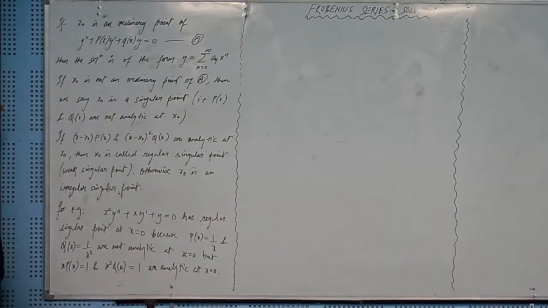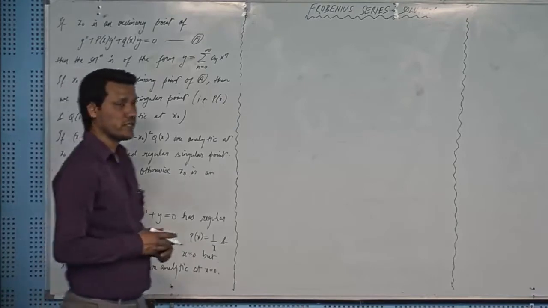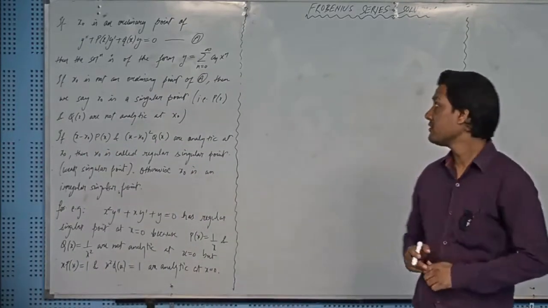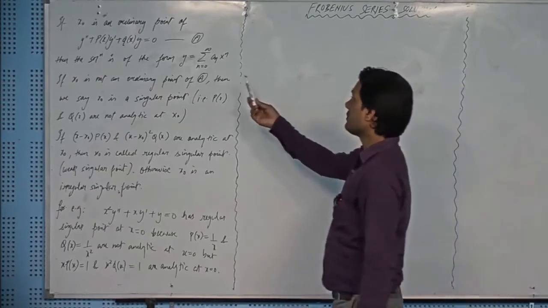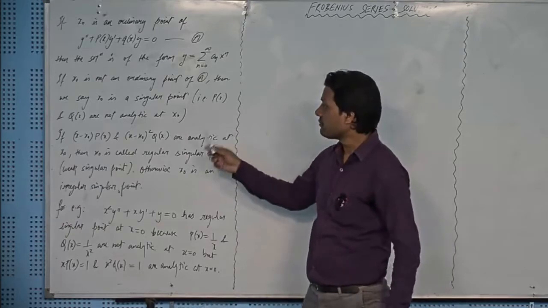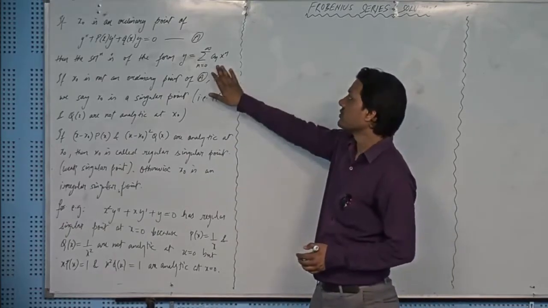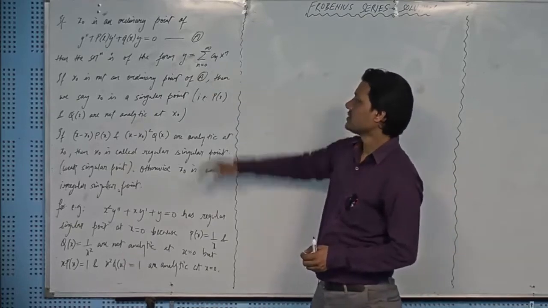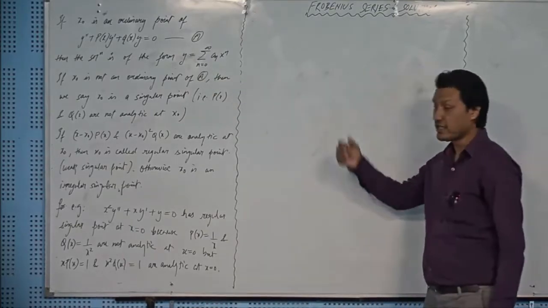Okay, so when we have a singular point, particularly a regular singular point, then we have to modify this power series. This power series method doesn't work in case of a regular singular point, right? This works only for an ordinary point, right? So we have to do some modification in this series, and I will write what modification should be done.